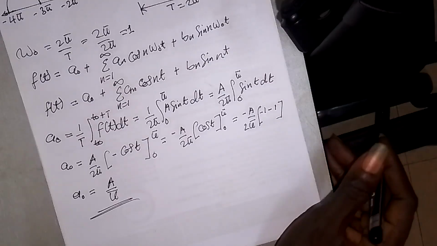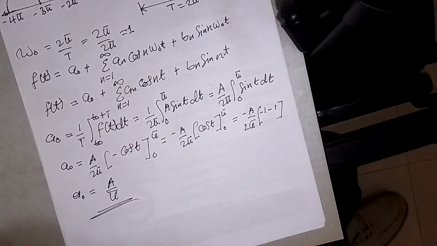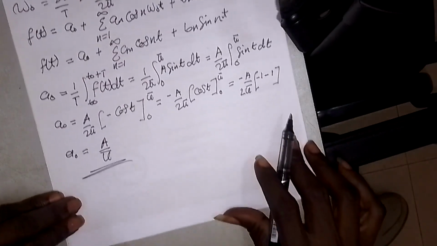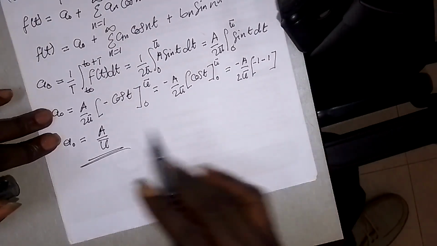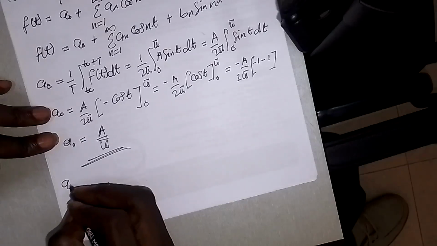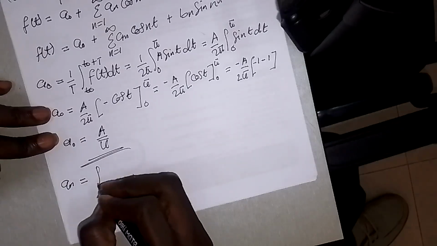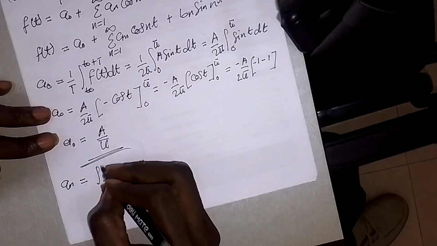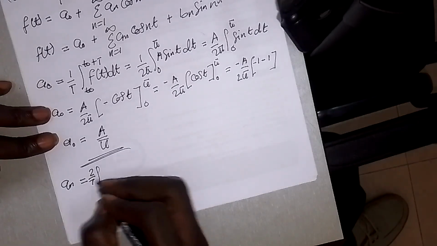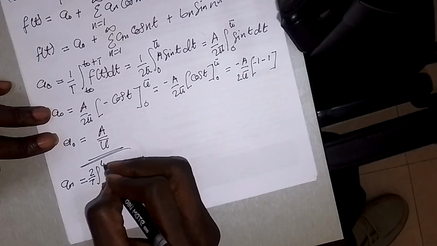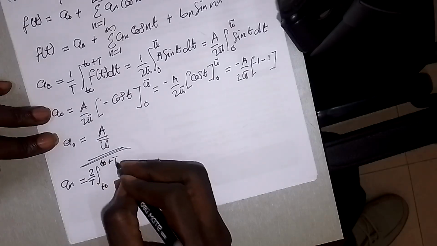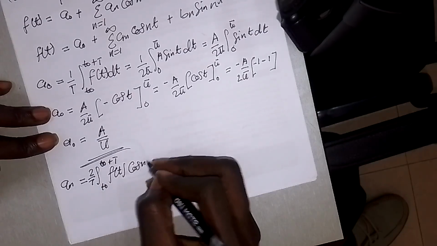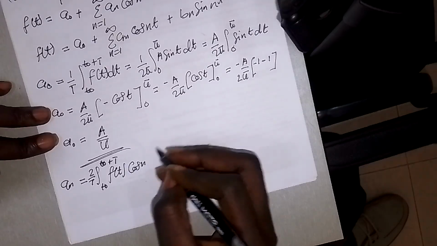So now from here, what I can do again is find my an. My an is equal to 2 on T, the integral from t naught to t naught plus T of f of t cos n omega naught t dt, and omega naught is 1.